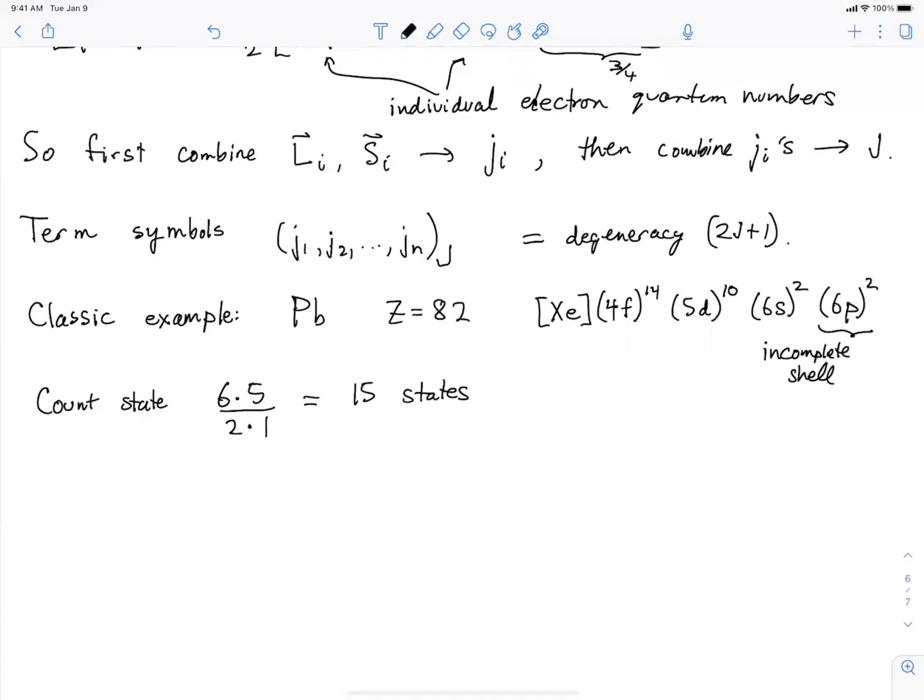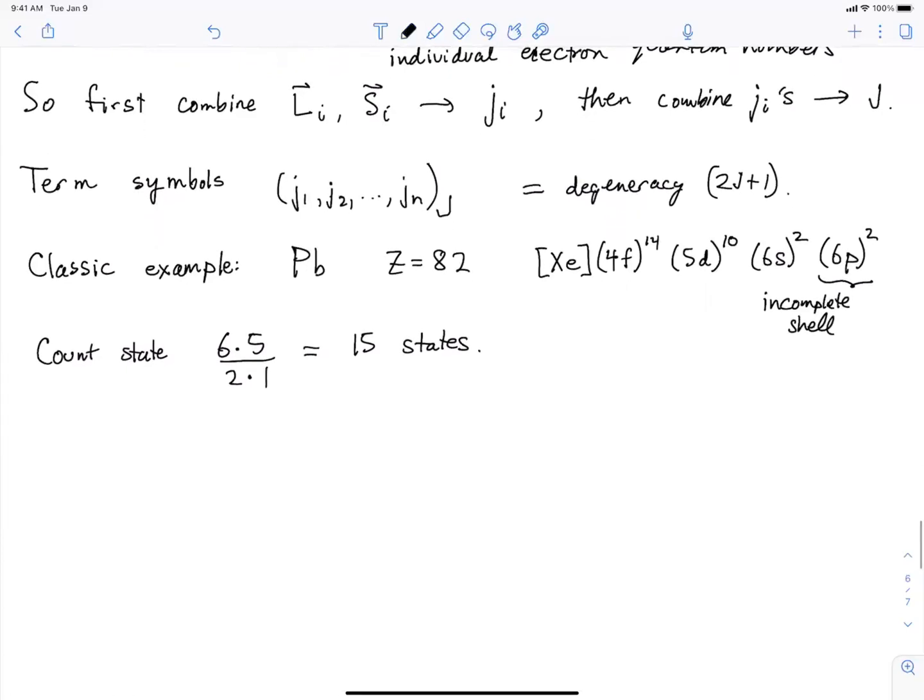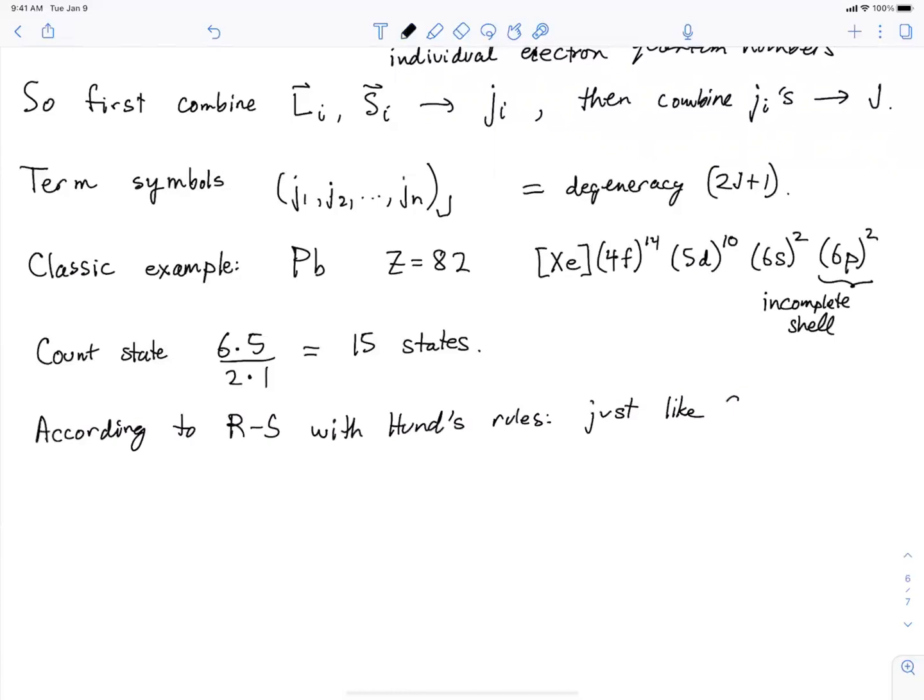And if that's familiar, it's because this is exactly what carbon looked like, except that for carbon, instead of 6p², it was 2p². So if we did Russell-Saunders, everything else would be exactly the same as carbon. So according to Russell-Saunders, or LS, with Hund's rules, it's just like carbon. Okay, and the ground state term will be ³P₀, which is what we found for carbon.